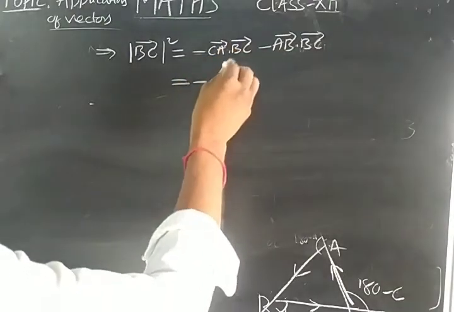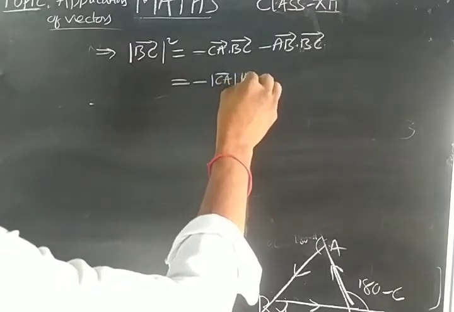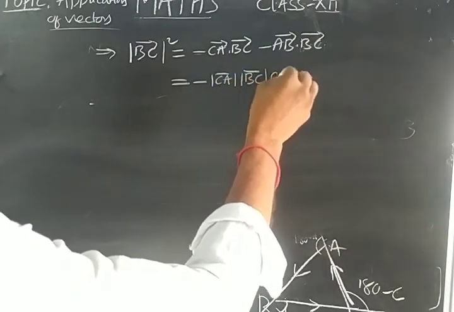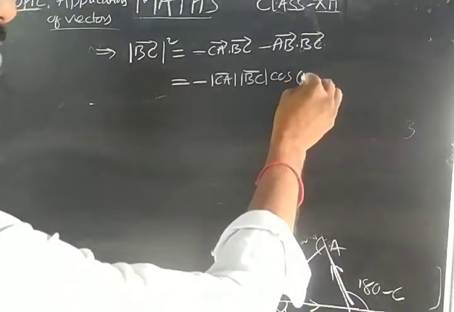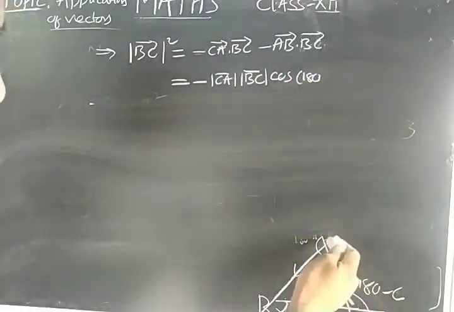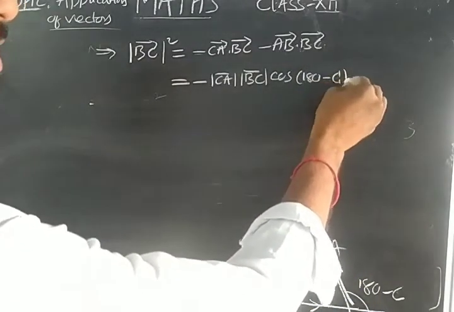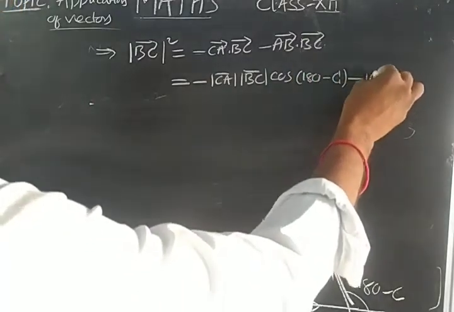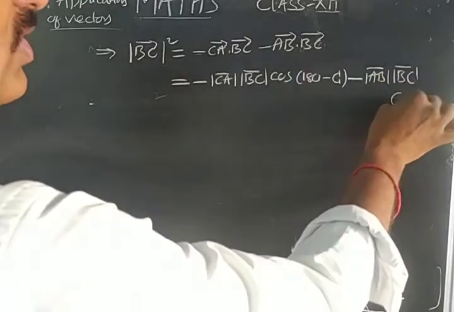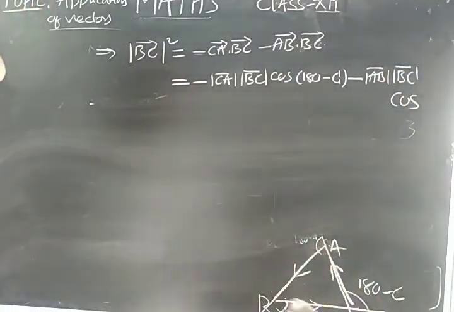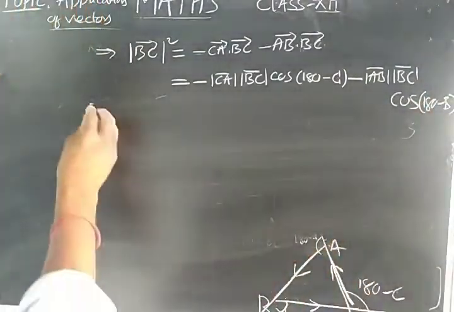By the dot product, CA dot BC is what? Mod CA vector, mod BC vector, cos of the angle between CA and BC, cos of 180 minus C, minus AB dot BC, which is mod AB vector mod BC vector cos of the angle between AB and BC, 180 minus capital B.